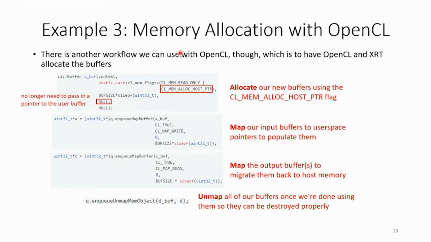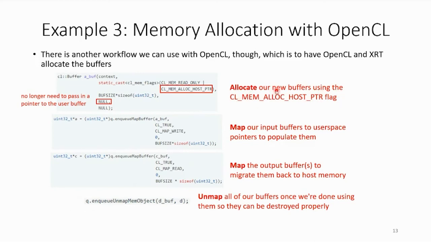Example 3, memory allocation with OpenCL. Actually this is just another way to allocate an aligned buffer, used with OpenCL. Here we can see we allocate a new buffer using this flag.